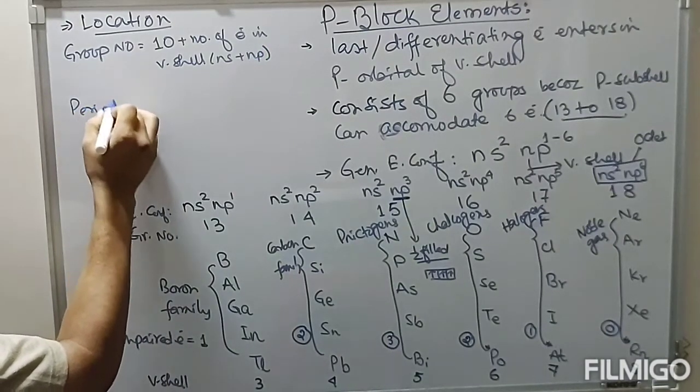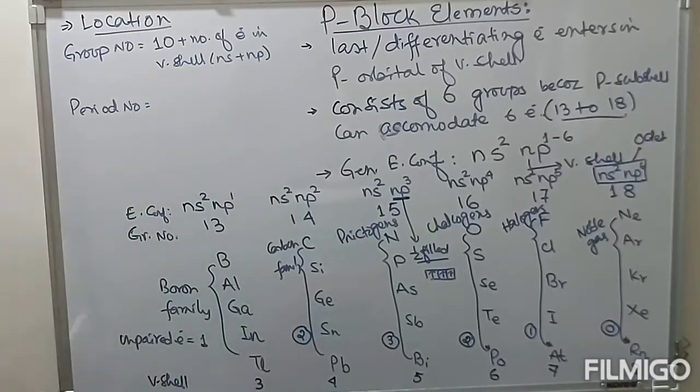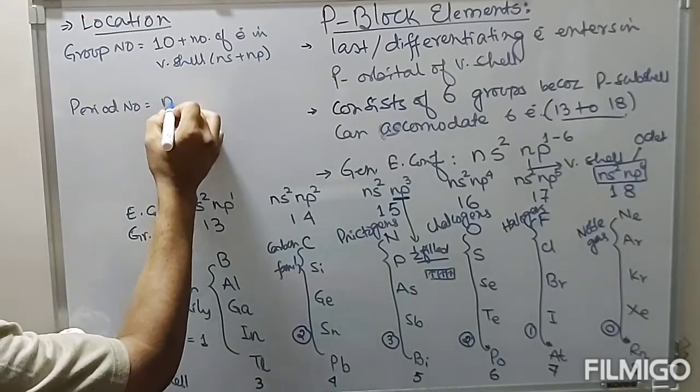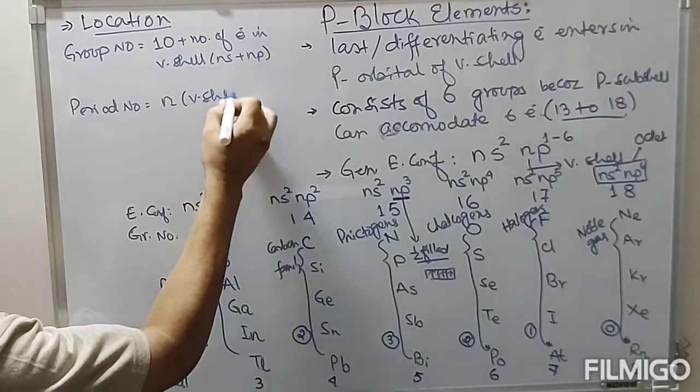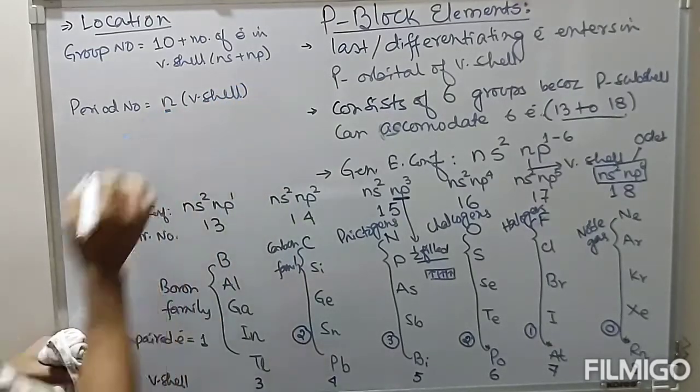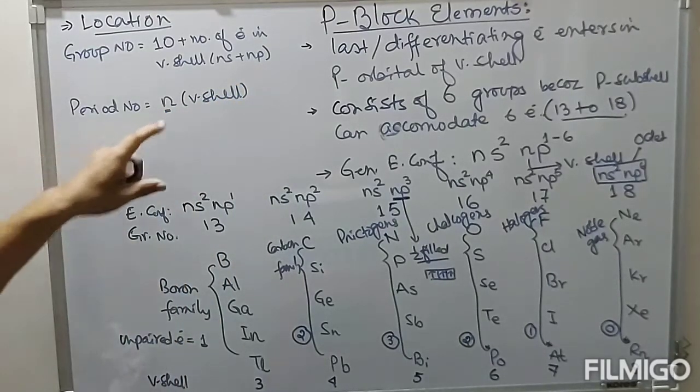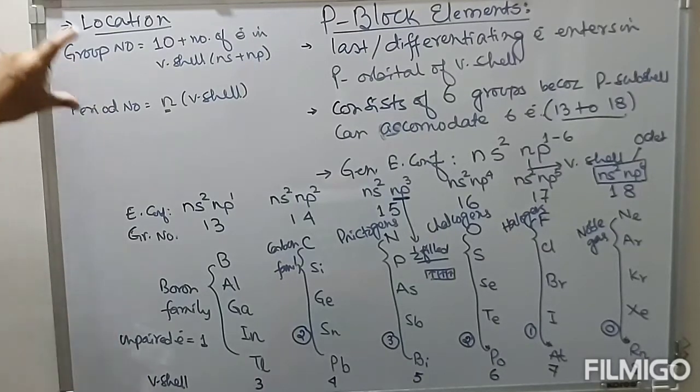Period number is equal to n of the valency shell. The principal quantum number of the valency shell defines the period number. So this is how we locate these p block elements.